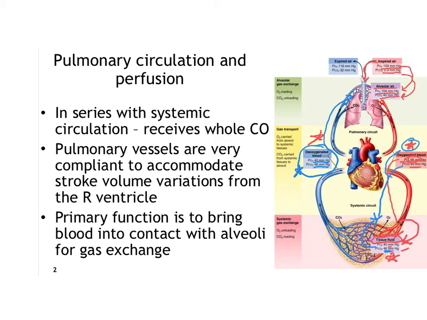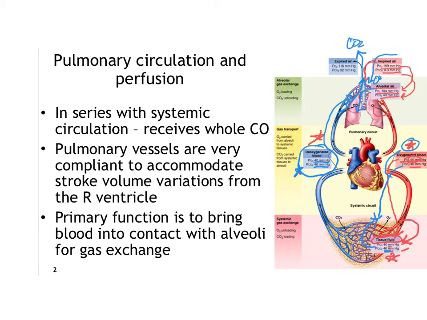Then oxygen is going to go into the blood and CO2 is going to go out of the blood into the alveoli and it's going to be breathed out. So CO2 is going to go out and oxygen is going to go in. Okay? That's how that whole system works.